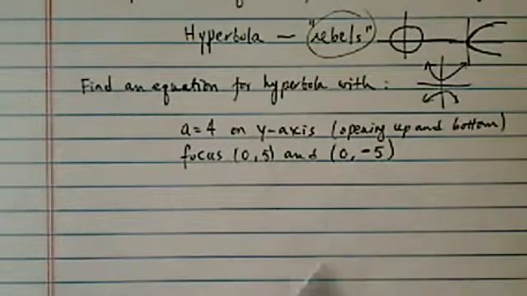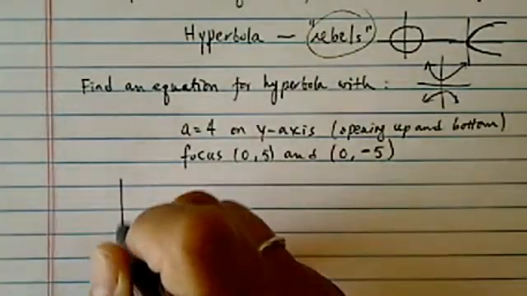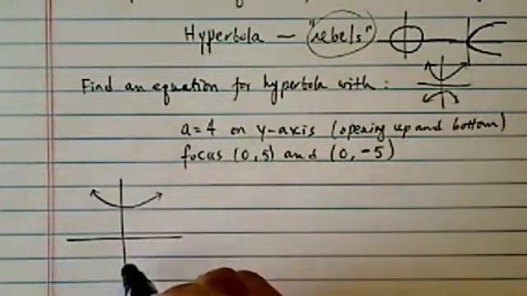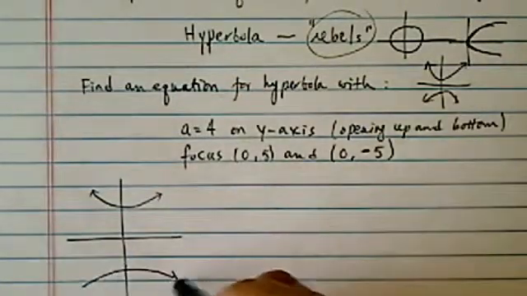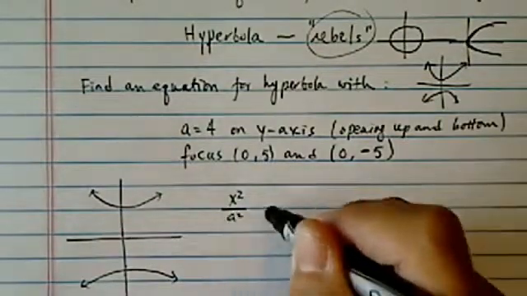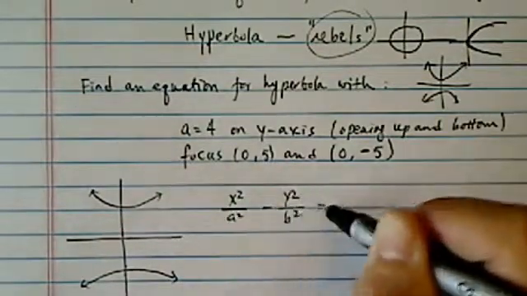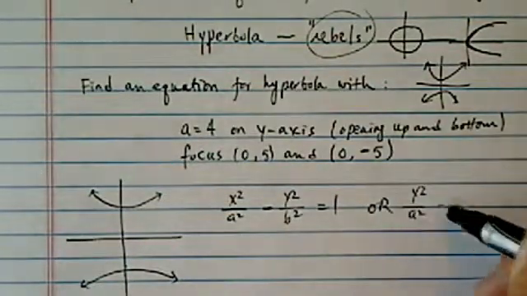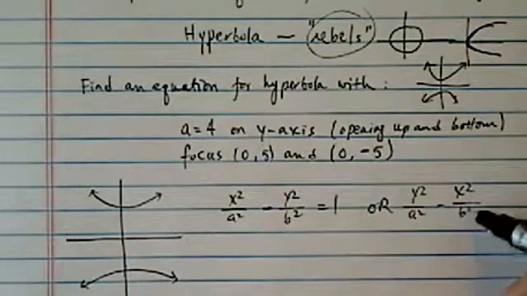Okay, so a couple of things about the hyperbola. Number one, the curve is always on the positive term. As you remember, there's a minus sign. So it's x squared over a squared minus y squared over b squared equal to 1, or y squared over a squared minus x squared over b squared equal to 1.